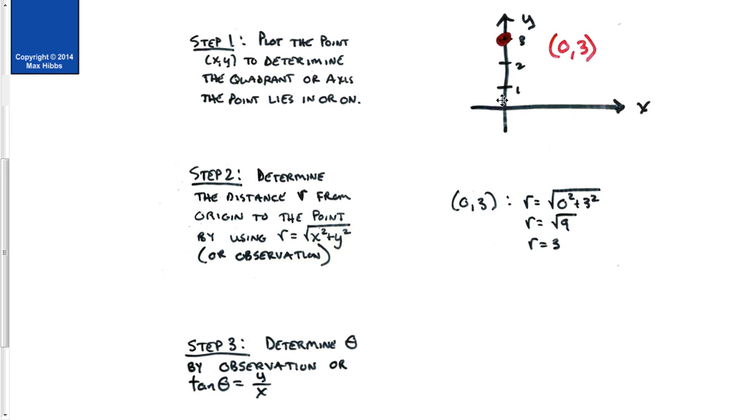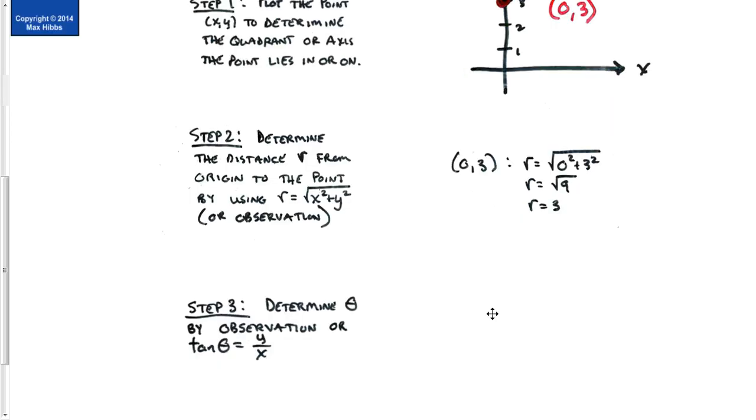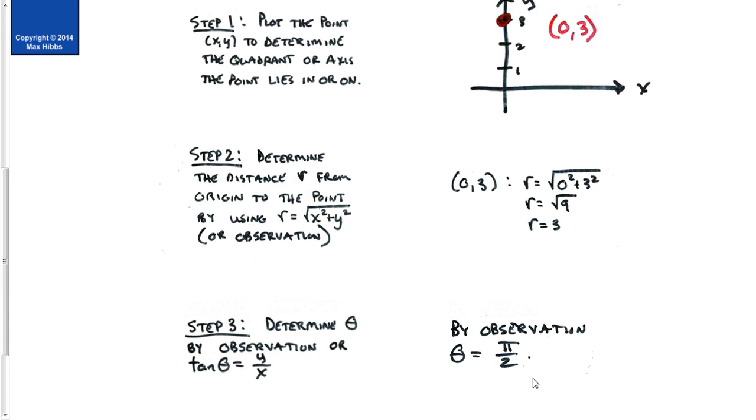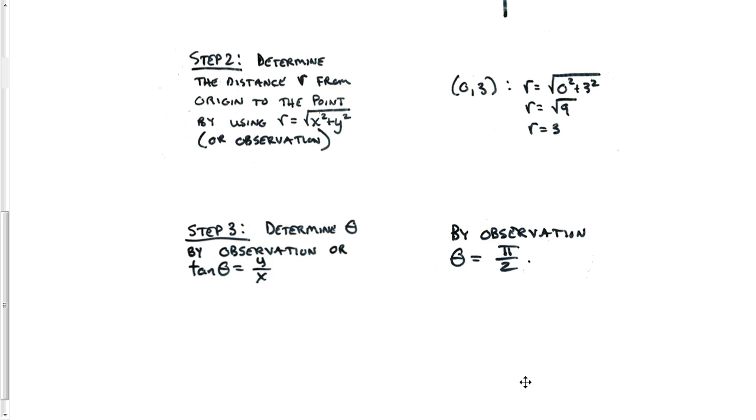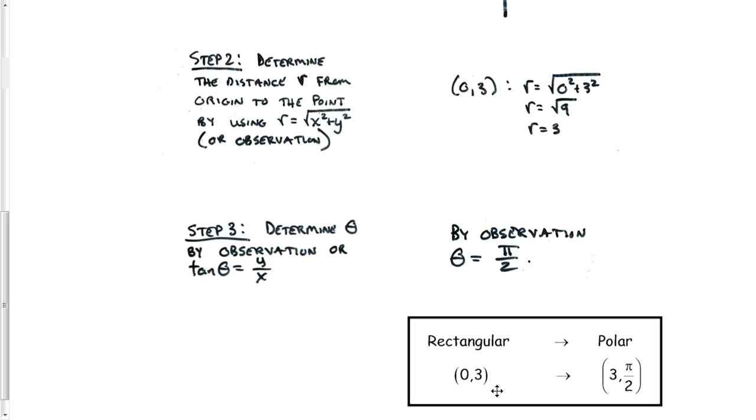That angle is pi over 2. So by observation, we can tell that theta is pi over 2. So remember, we found out that r is 3 and theta is pi over 2, so we have converted our rectangular point 0, 3 to our polar point where r is 3 and theta is pi over 2.